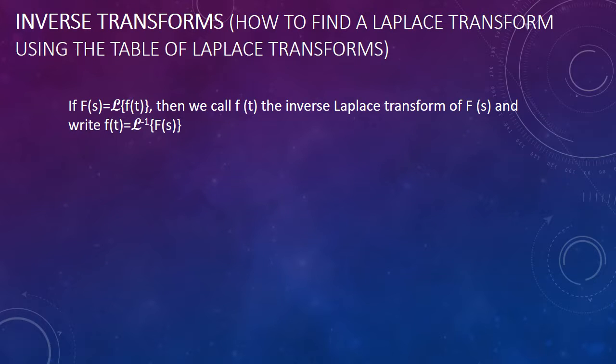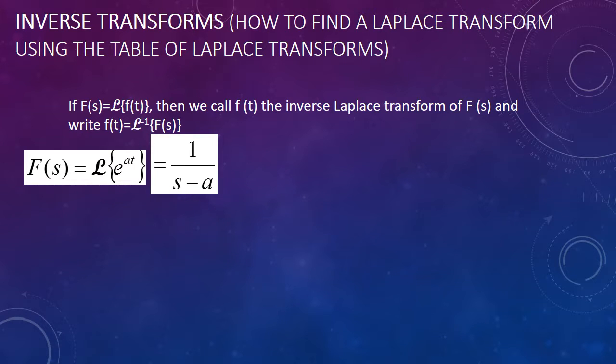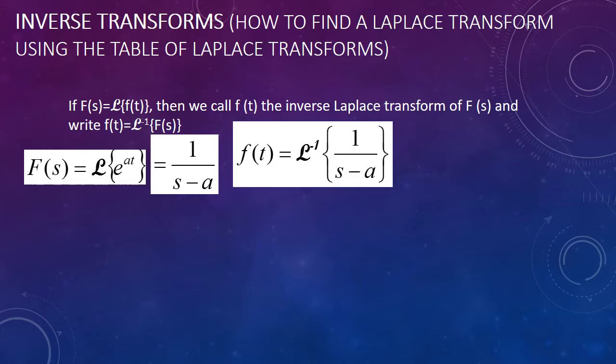So you can also have inverse Laplace transforms. Once we have the Laplace transforms and we solve for our solution, we want to get back into the time domain because we've solved everything in the Laplace domain. You remember that we found the Laplace transform of e to the ax.